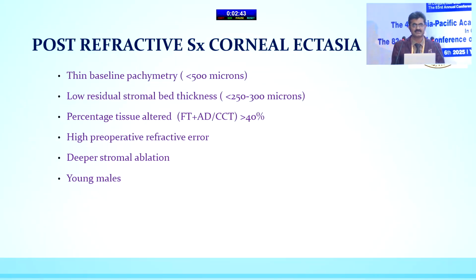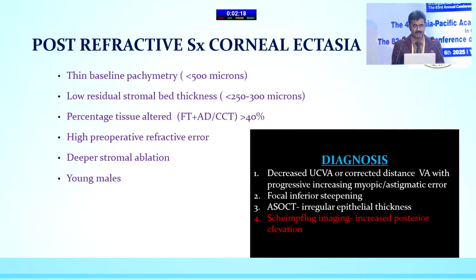We at our center usually do not try to go below 300. People have gone less than 250 even, but they do keep it at 250. But we do not go less than 300. If the percentage tissue altered is more than 40%, depending upon the correction, you have to be careful. Deeper ablation, you have to be careful in your limits.